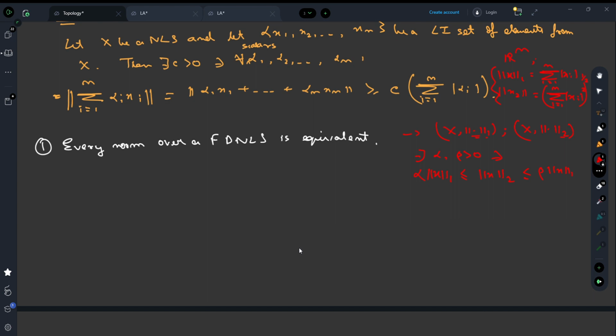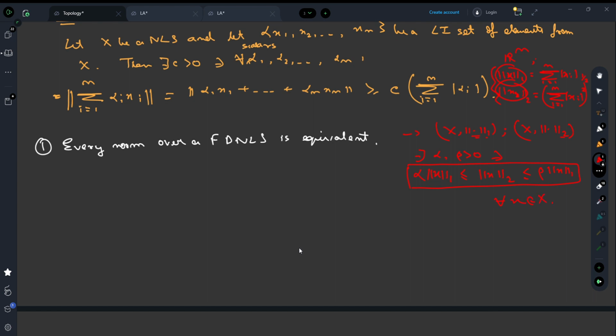Again, norm 1 and norm 2 are specifically symbols to denote that these are two distinct norms. They have nothing to do with the norm we defined earlier. You can also interchange norm 1 of x with norm 2 of x. Either way it's true.